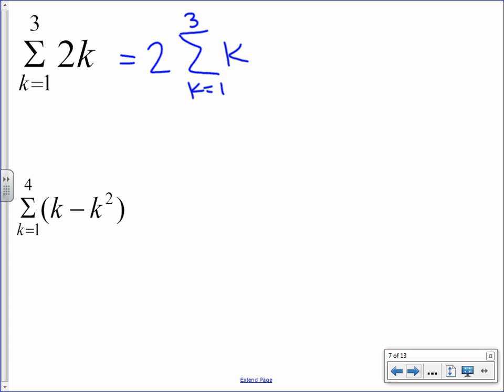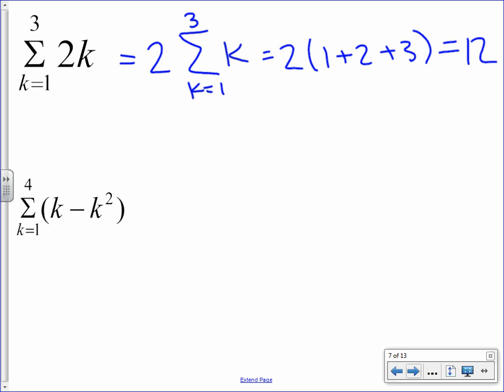So essentially we have 2 times 1 plus 2 plus 3. Easy. If this is a situation where we don't have our calculator, that's all it is here. Oh, here, the calculator. 2 times 1. Eventually. I don't know.